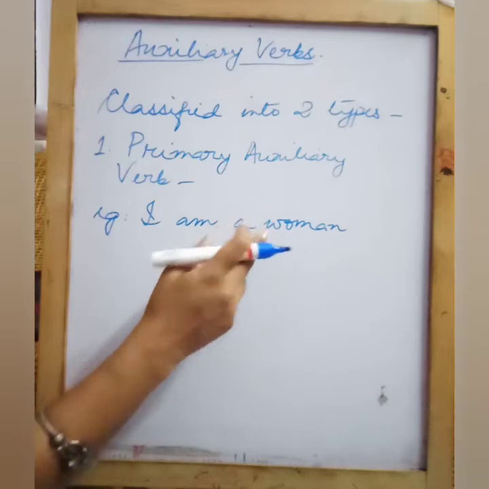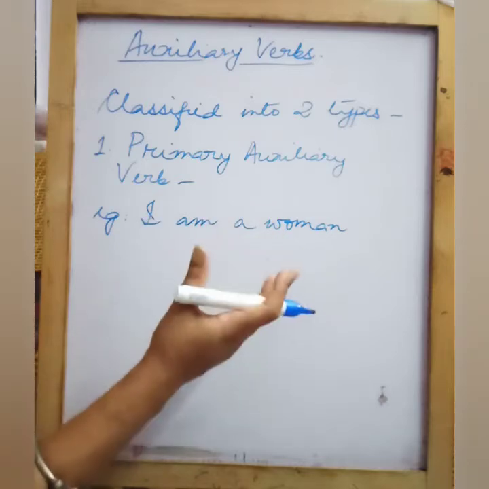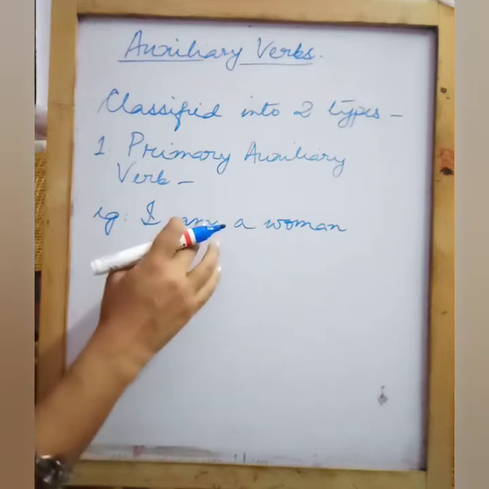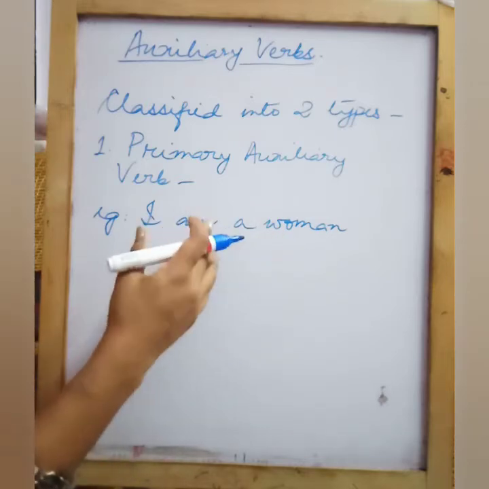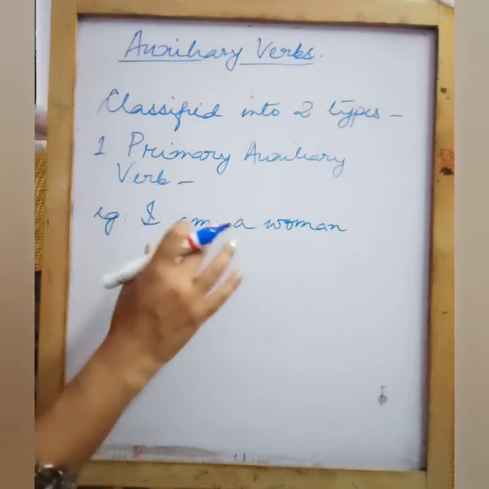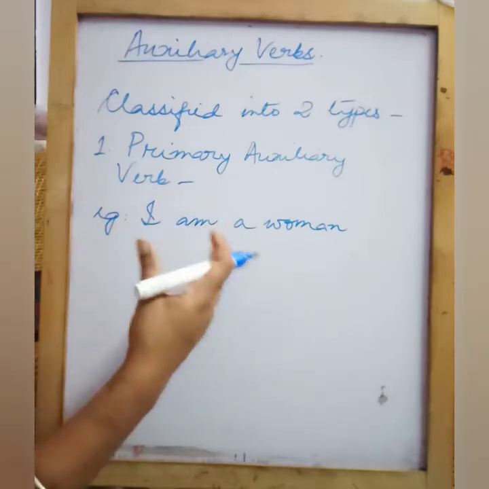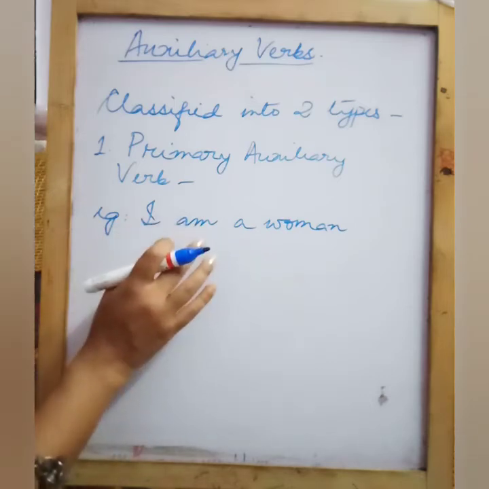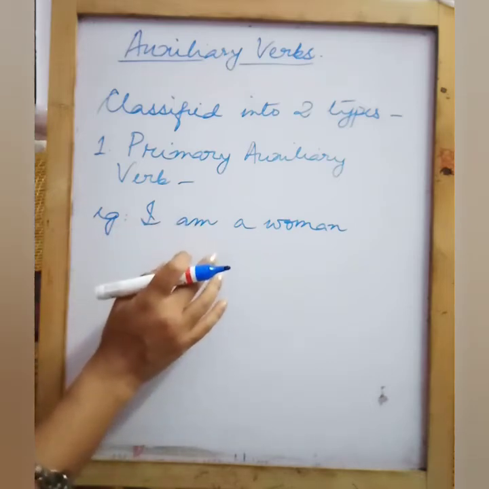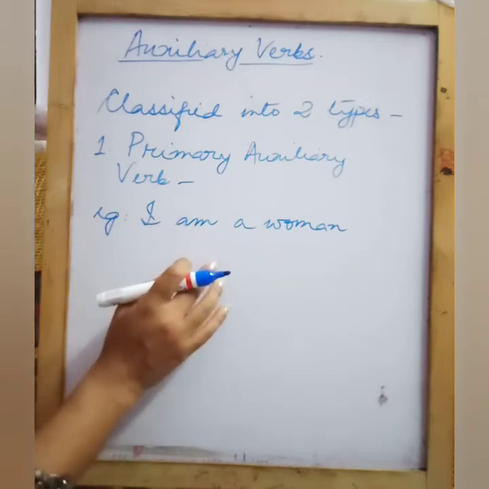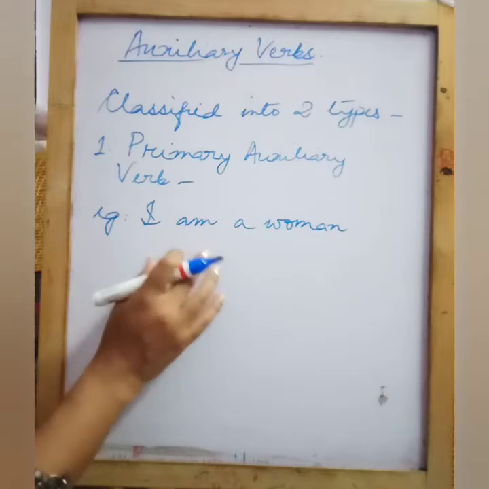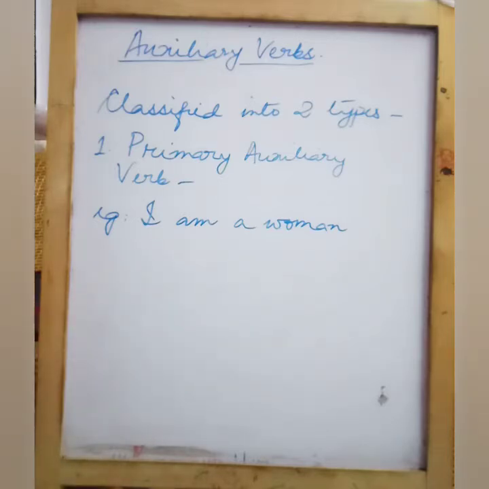Here I am not telling you about any kind of action, nor showing any kind of tense, present, past or future. I'm just telling you my state of being, what I am. So auxiliary verbs, or the helping verbs as they are also known, are used to show the state of being. Alright.